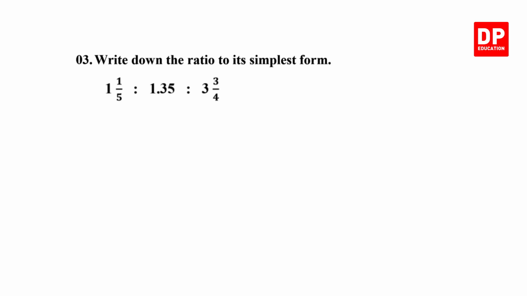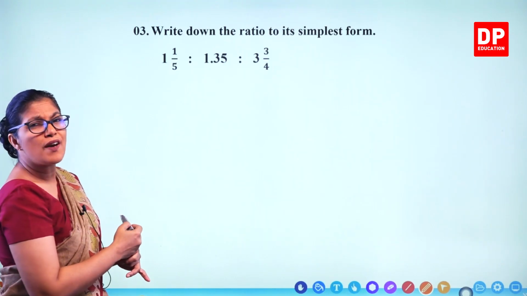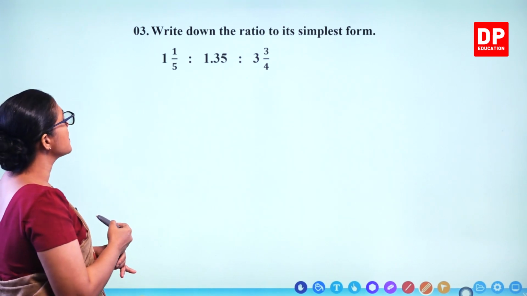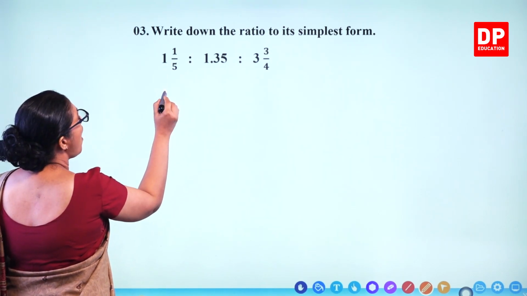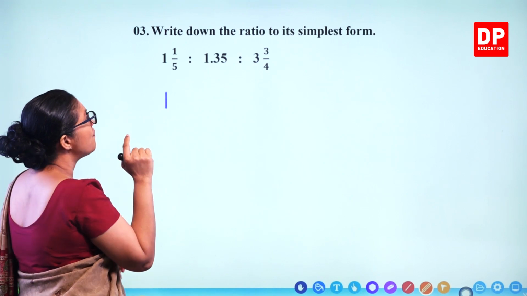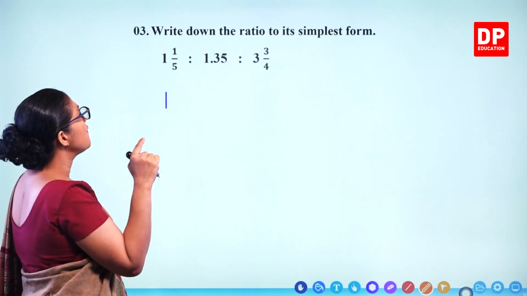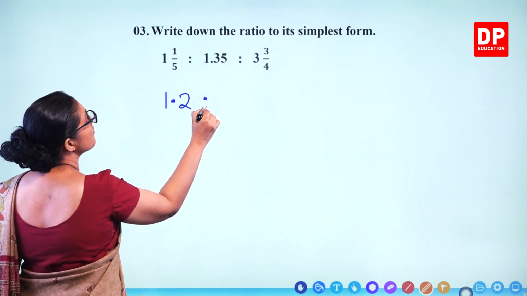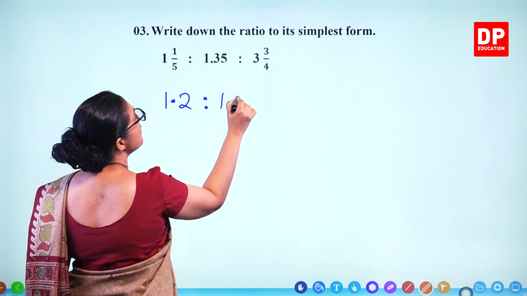Question number 3, write down the ratio in its simplest form. It's easy to convert all these to decimals without converting to fractions. What is 1 over 5? 1 divided by 5 is 0.2. So 1.2 comes here. Then 1.35 there.